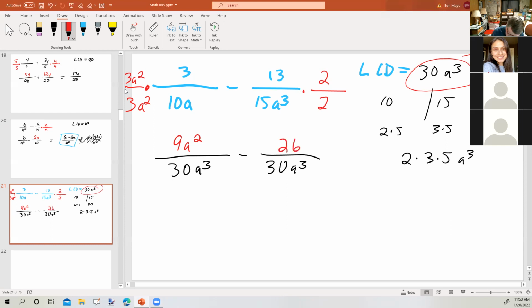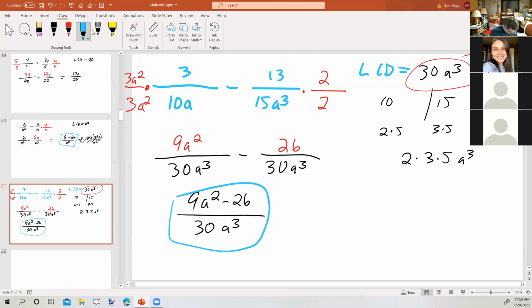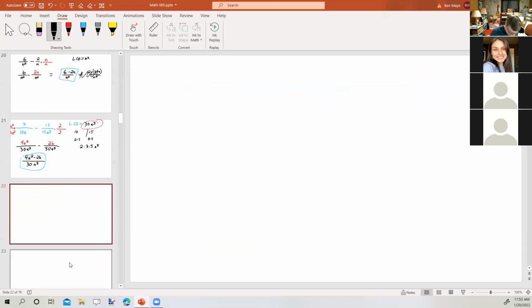So now I've got 9a squared minus 26 over 30a cubed. I can't factor the numerator, so that's my final answer. It's not going to simplify any further. We good?